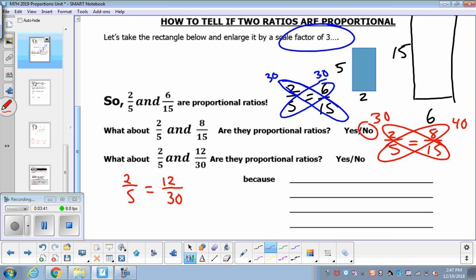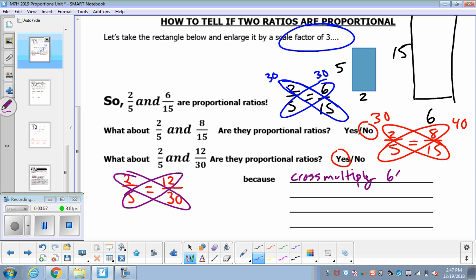Are they proportional? Yes. Now let's prove it. Here's a 60 and here's a 60. So the first thing we can say is that because when I cross multiply, 60 equals 60. So you know that they're proportional.